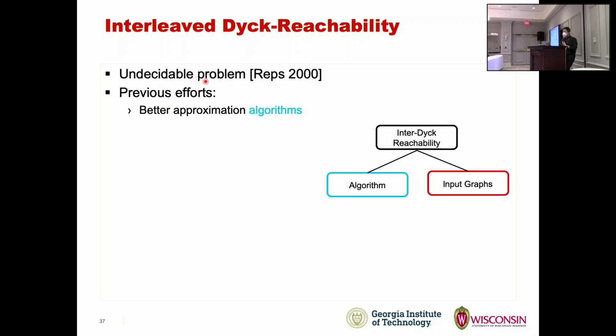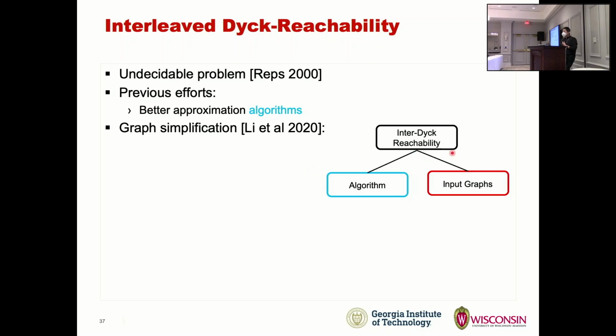So previous efforts, including LCL-reachability, only focused on finding smarter algorithms or better over-approximations for solving this problem. Recently, these authors showed an interesting new perspective, yet another new perspective for, to some extent, solving the Dyck-reachability problem.